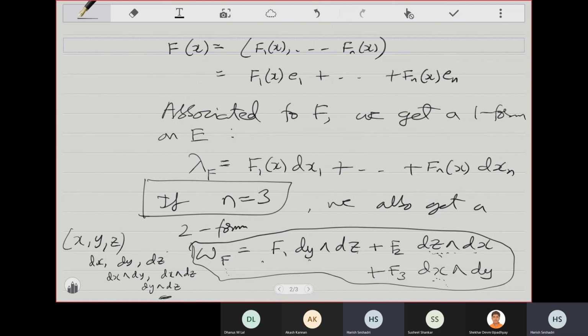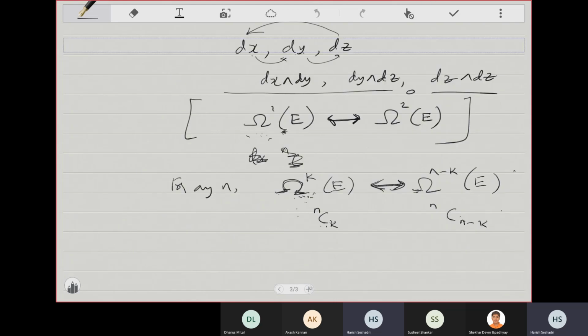If I write it in standard form, you will have dx wedge dz, but I can just flip it around and write it in this form. So if I start with a 2 form, I can use the coefficient functions to get a 1 form, and then I can get a vector field as well, using the functions f1, f2, etc. So in short, there is a bijection.